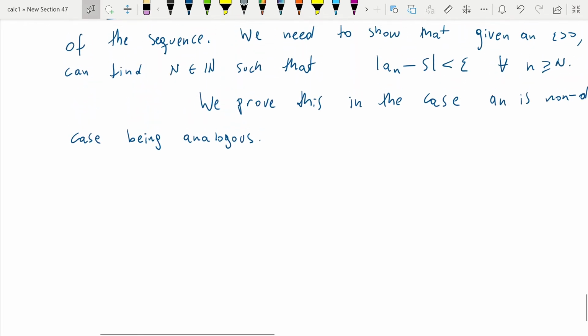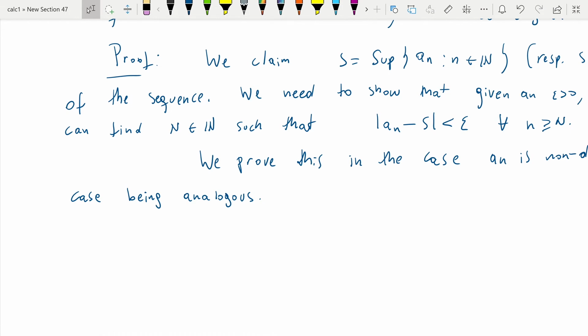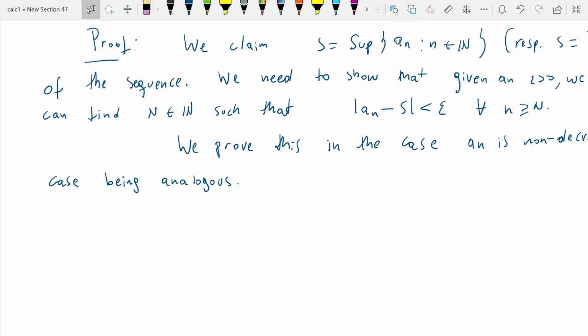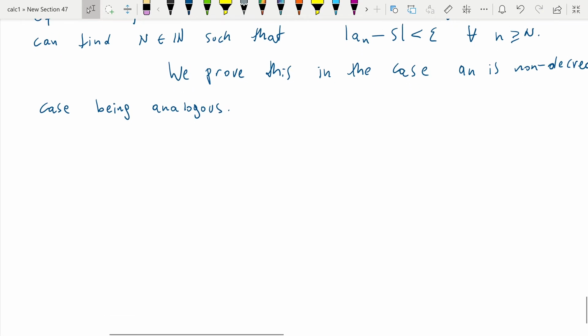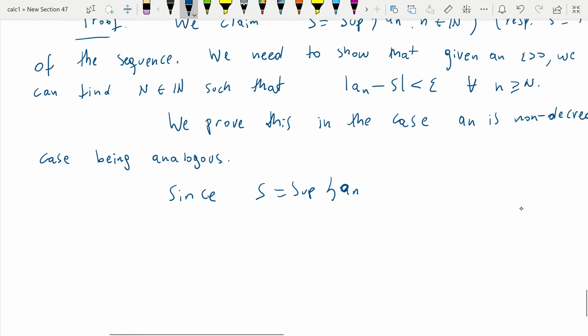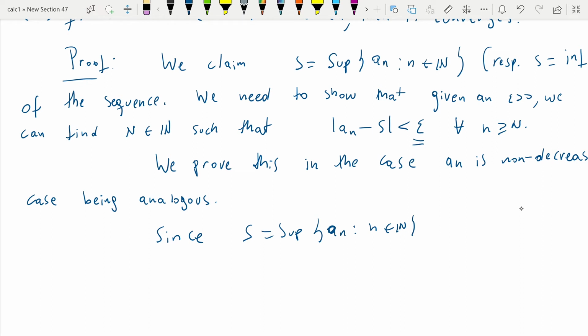So what is the idea? If we're in the case where the limit is the supremum, because a_n is non-decreasing, then since S is equal to the supremum of the a_n's, by definition, remember that we've given ourselves an arbitrary epsilon.